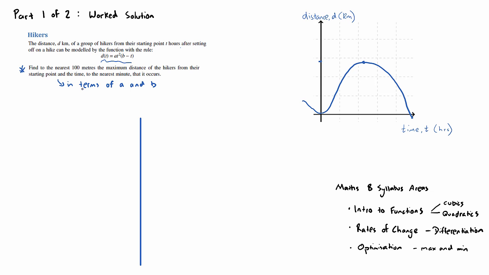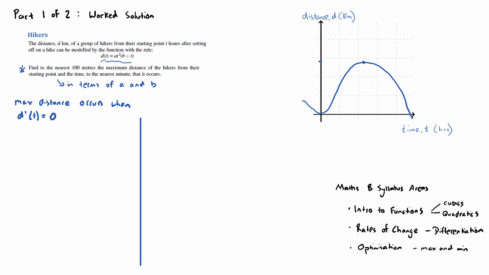To find the maximum distance from the starting point, I'm going to derive the function. So just to summarize what I'm going to do, max distance occurs when the derivative, so d dash t, is equal to 0.